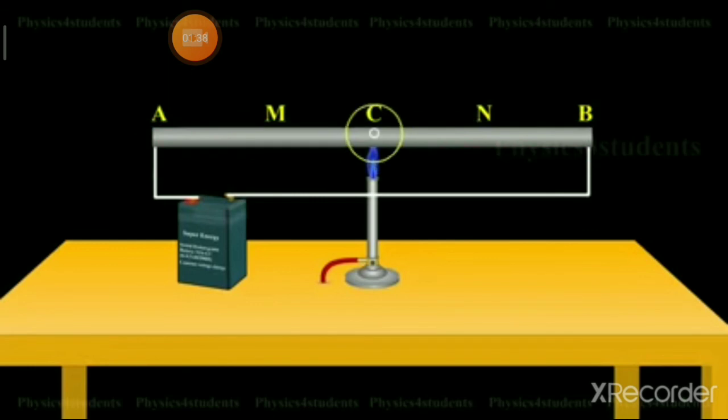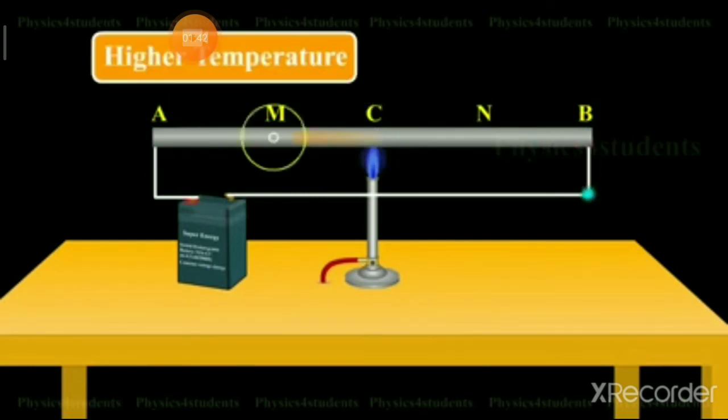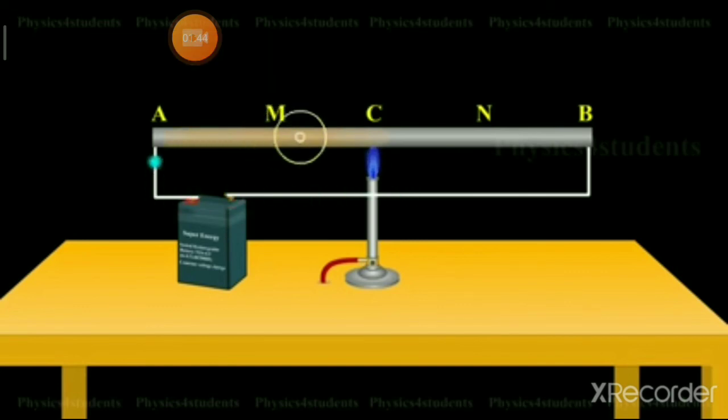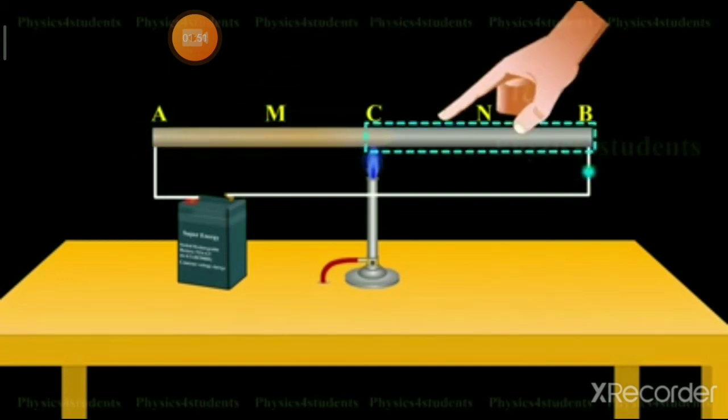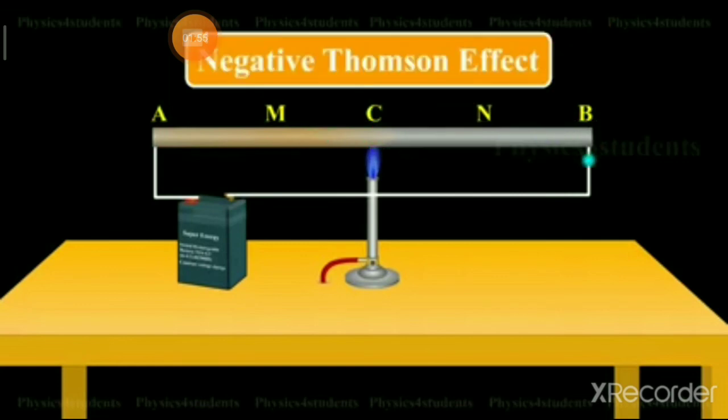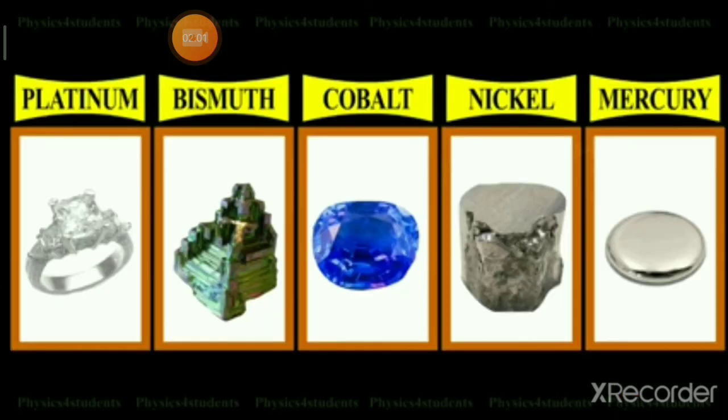Take an iron bar heated at the center point C. The current flows from A to B. Point M shows a higher temperature than N, and A shows a higher temperature than B. Across AC heat is evolved, and across CB heat is absorbed. This is the negative Thomson effect. A similar effect is shown by metals like platinum, bismuth, cobalt, nickel and mercury.